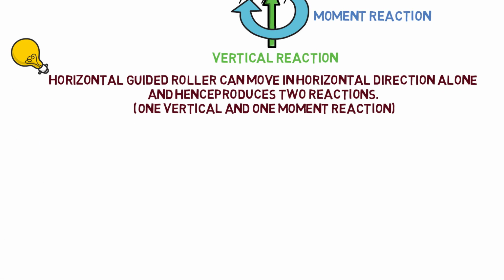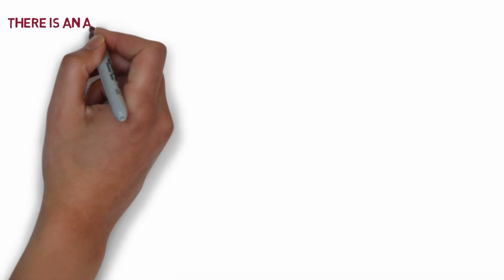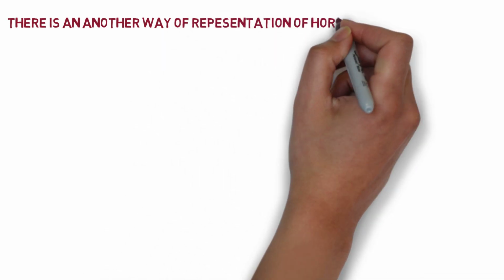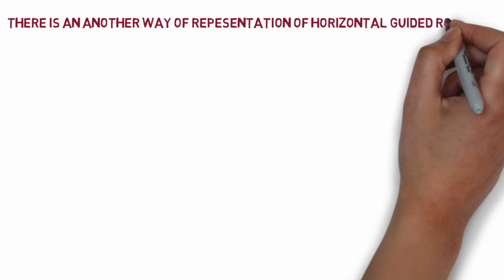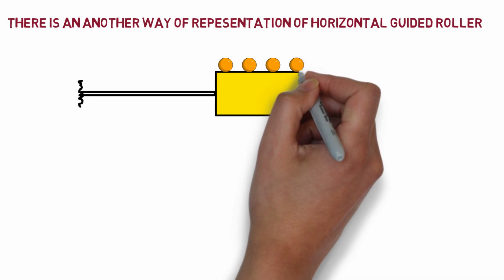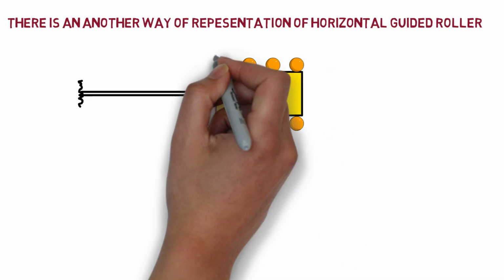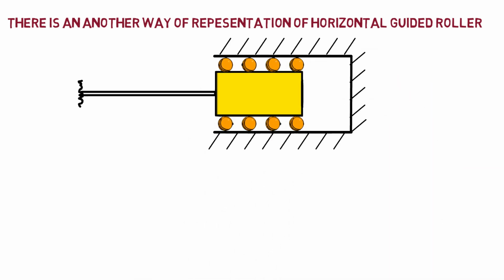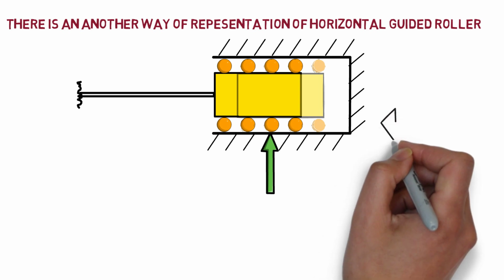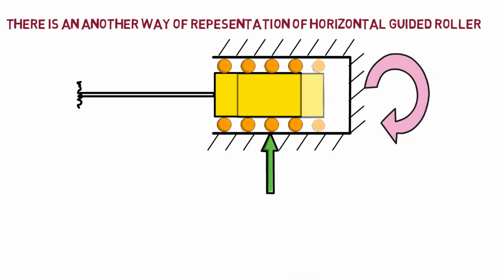There is another way of representation of the horizontal guided roller. Here the member end is attached with a plunger having a roller on both horizontal surfaces. So under the application of load it can move horizontally but not vertically.